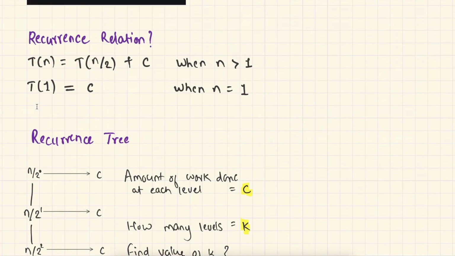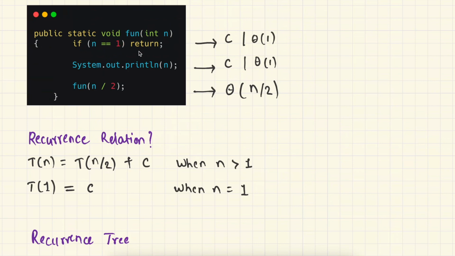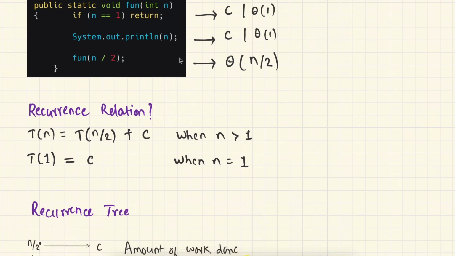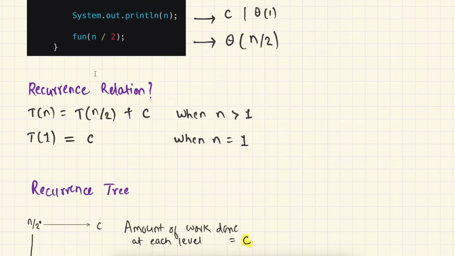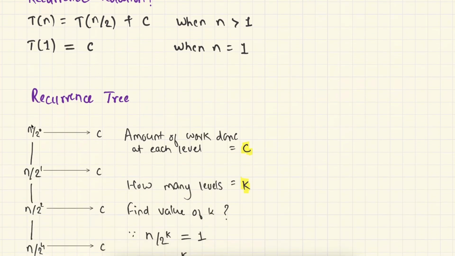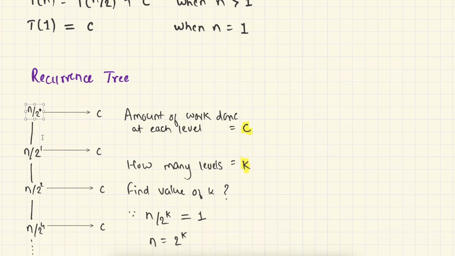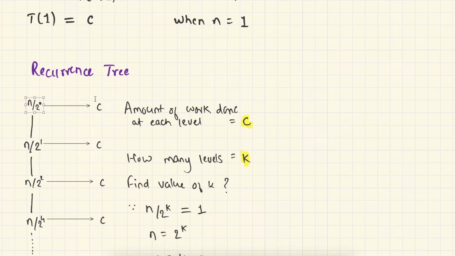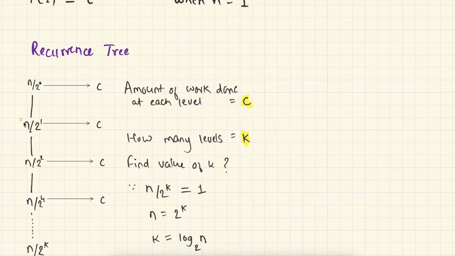Okay, so when we call this function, it does some constant work and makes a recursive call to itself by dividing n by 2. So we are doing the same thing. When we call this function, it does some constant work and then it calls itself by dividing n by 2. So now this time 2 becomes 2 to the power 1.